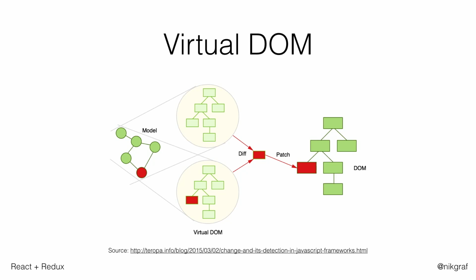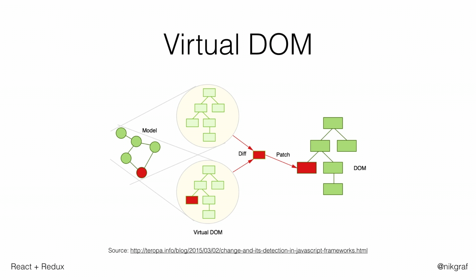So how does this look like in an example? If you have your data model on the left, you can see this one node, which is red here, change. So the virtual DOM from the previous state is the one you see above, and what the virtual DOM does is it makes a diff.